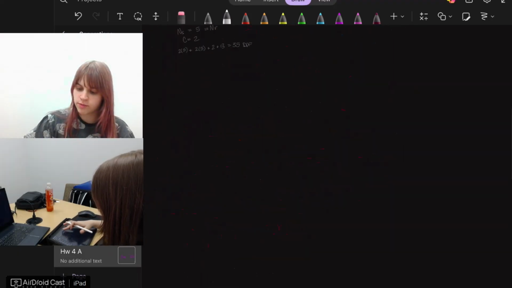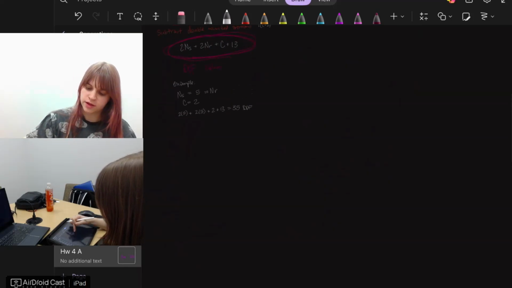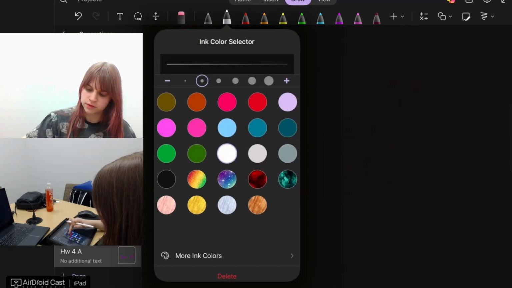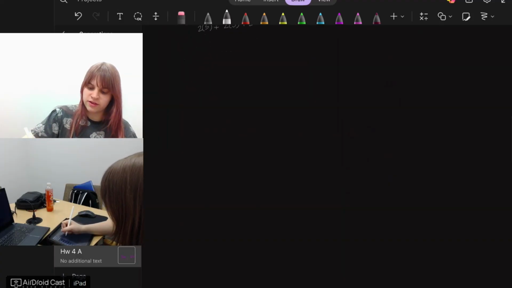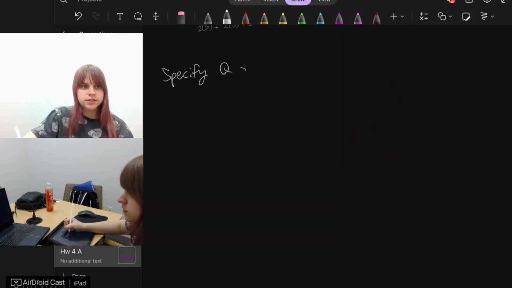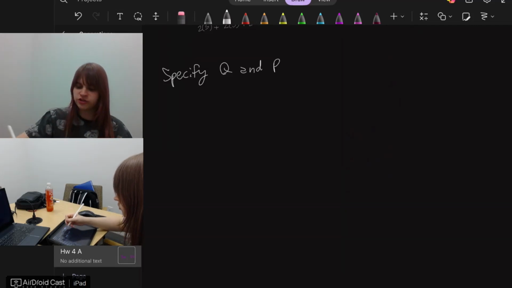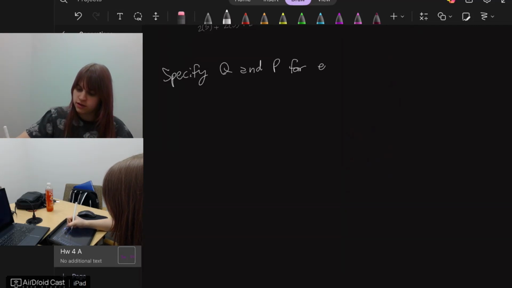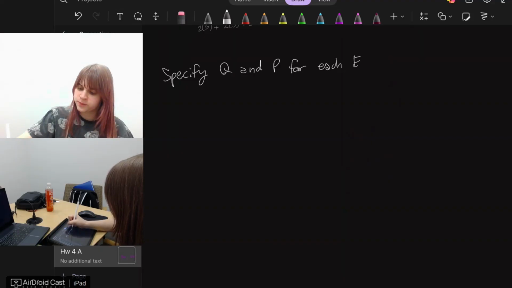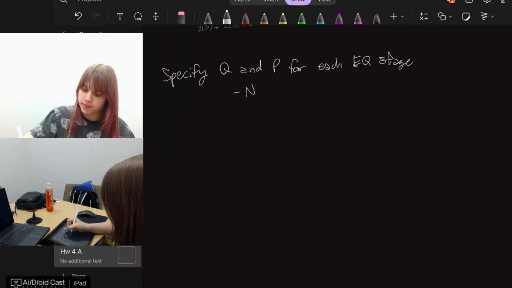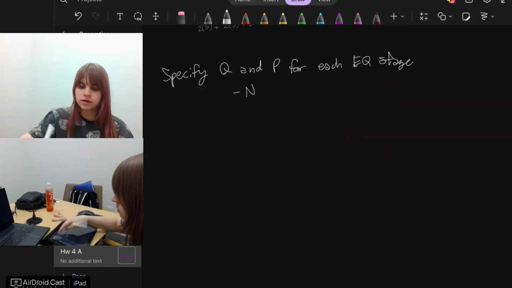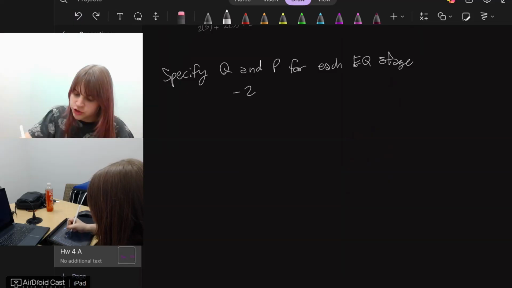Now, talking about what we could specify, if we specified the Q, the heat, and pressure for each equilibrium stage, that subtracts our 2N_S and 2N_R.